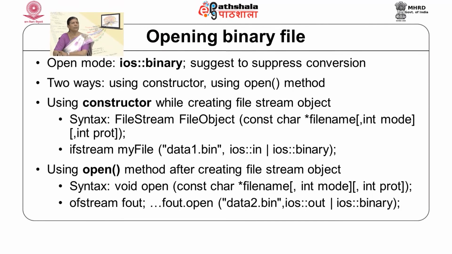As said, we need to specify ios::binary in the open mode, which suggests that conversion should be suppressed. Now, there are two ways of opening the file, just like a text file: using a constructor, so while defining the object itself we can associate the stream with the physical file, or using the open statement after creation of the file stream object.